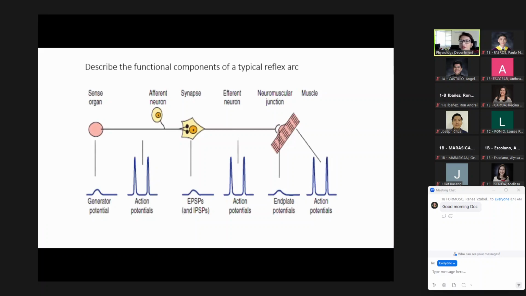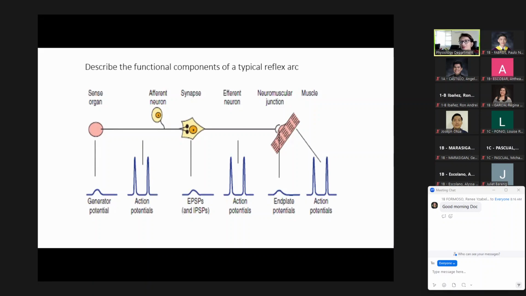So, where did you encounter the term receptor before? Cell signaling po. Thank you. Tama, cell signaling, di ba? And those are actually receptor molecules. Di ba? For example, you have your acetylcholine receptors, you have your norepinephrine or epinephrine receptors.